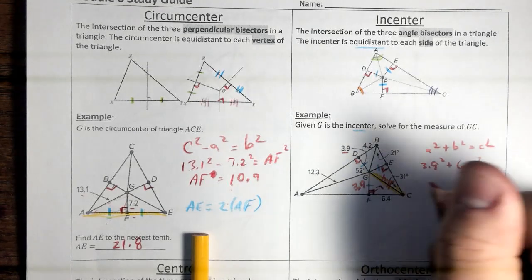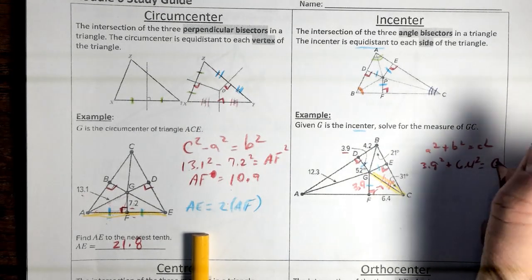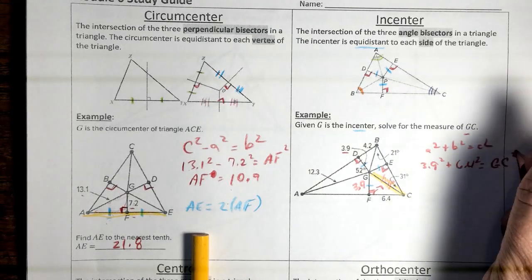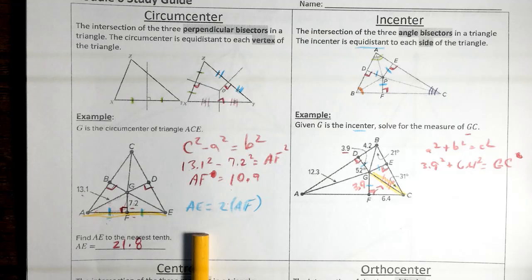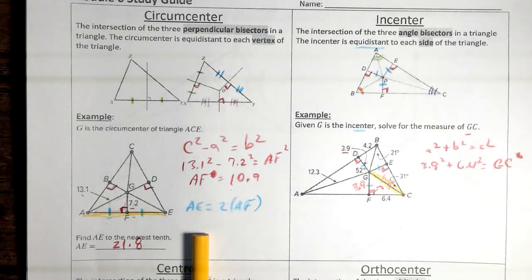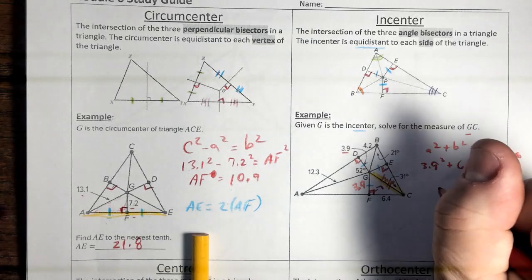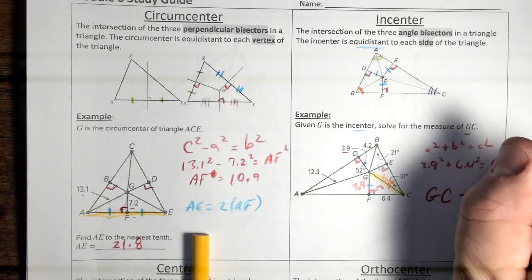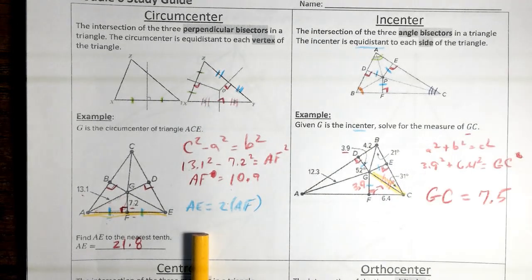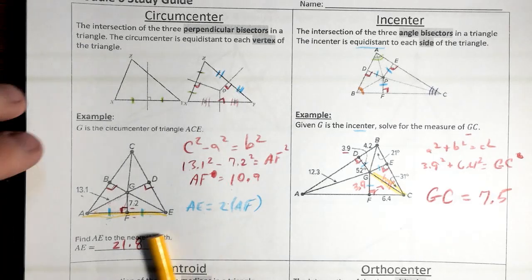And C is GC, which is what we're looking for here. I'm just going to give it to you the way I get it here. So 3.9 squared plus 4.2 squared, and you take the square root of that, GC equals 7.49. We're going to round up to 7.5. Okay, let's scoot up here.